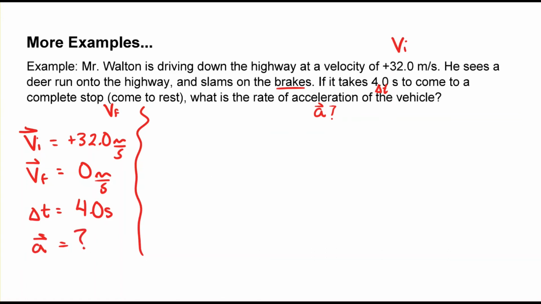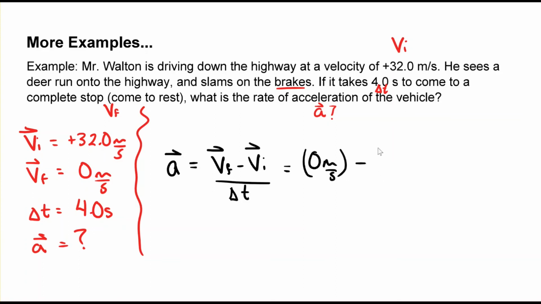So we use our trusty formula. The rate of acceleration is VF minus VI over delta T. So if my final velocity was 0 meters per second, and I'm going to subtract my initial, which was positive 32 meters per second, and it took 4 seconds in order to do that.